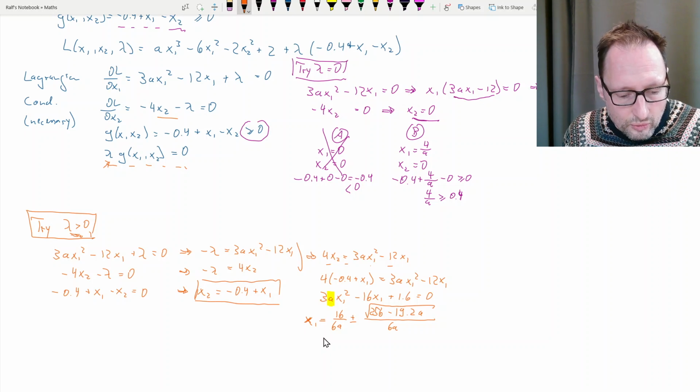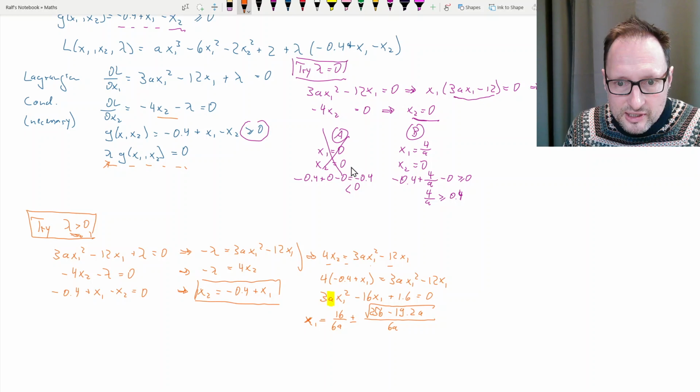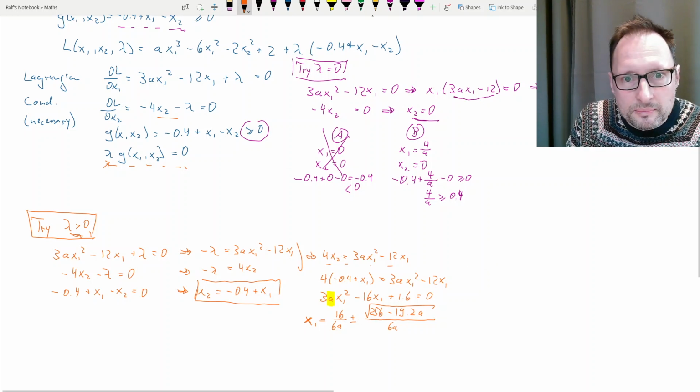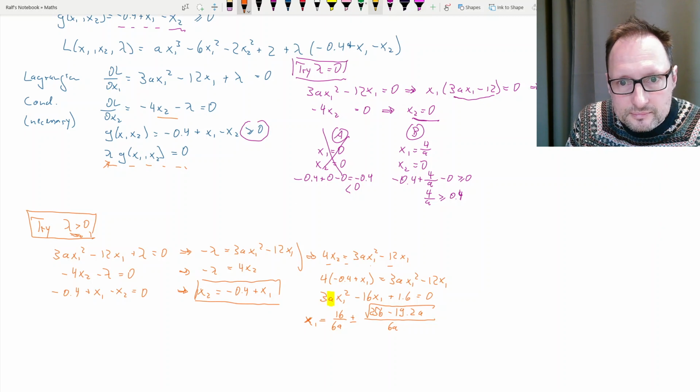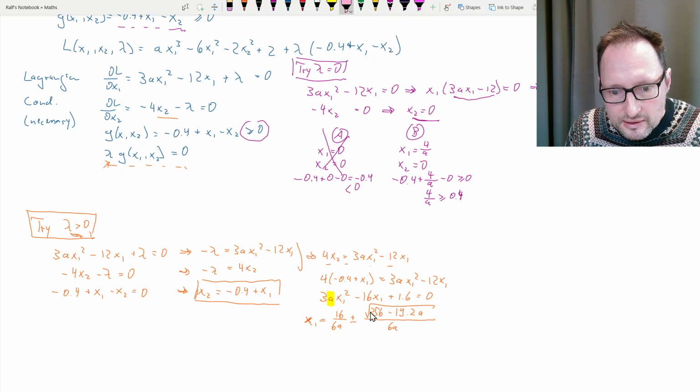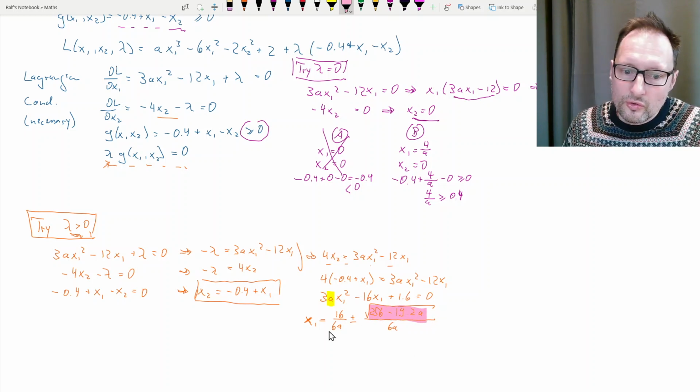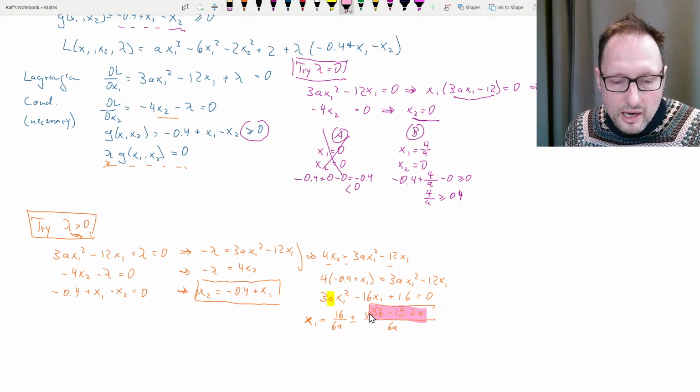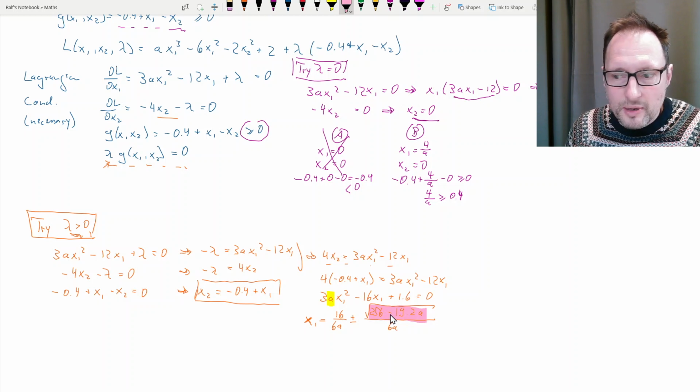So what we can do here is we can just basically say we have two potential extra values, but you can perhaps already see that for us to find solutions here, we need the argument to the square root, 256 minus 19.2a, to not be negative.